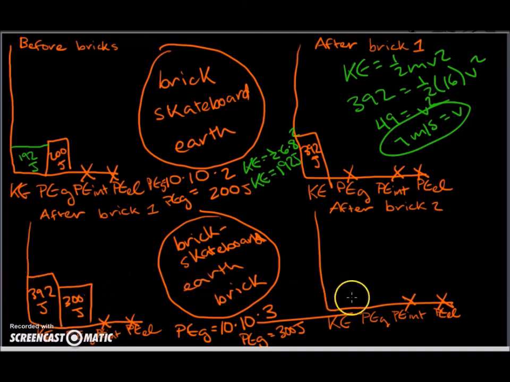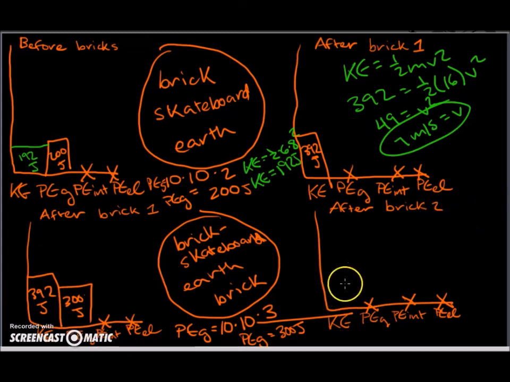Once the brick is dropped, it's going to have no potential energy of gravity because it cannot go down any further because it's going to become part of that brick-skateboard object. And all of this energy is going to become consolidated into kinetic energy.